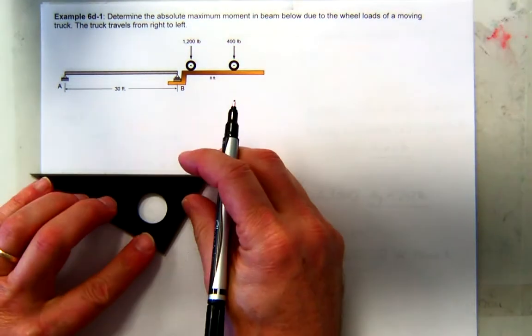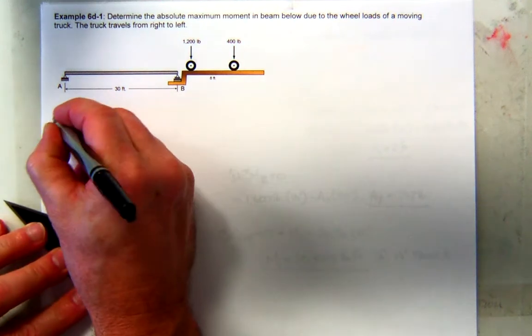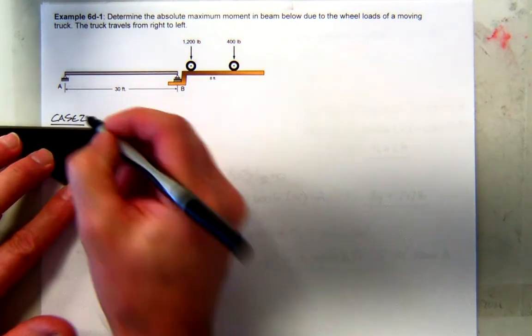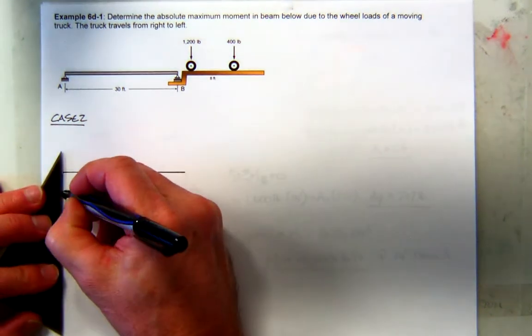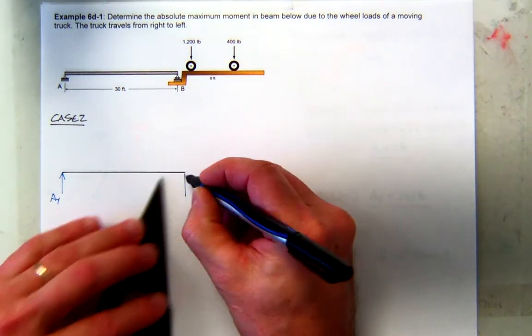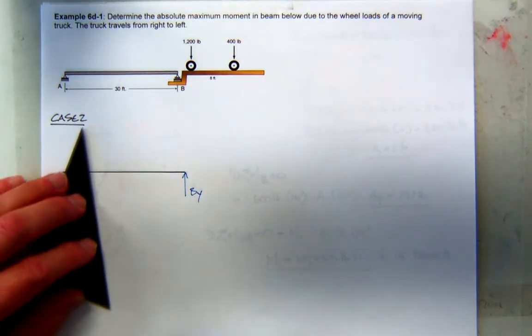So let's start again. I'll draw my beam. We'll call this case 2. We still have a reaction at A and a reaction at B. We've got our center line.